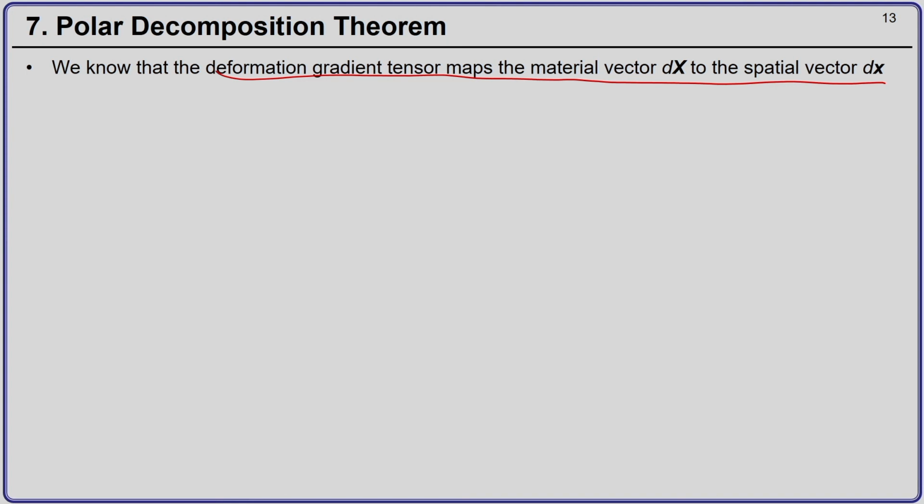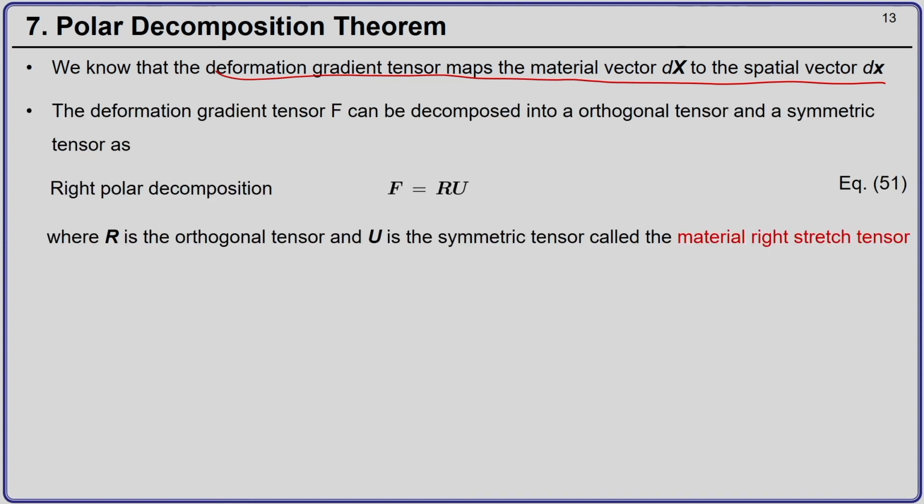So, you had a material vector, and then F operated on that material vector to give you the spatial vector dx. Now, when we were discussing tensors, we discussed that any tensor can be broken into an orthogonal tensor and a symmetric tensor. That is what is called the polar decomposition theorem.